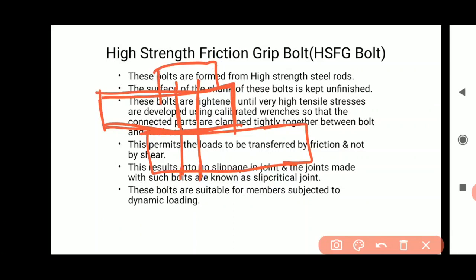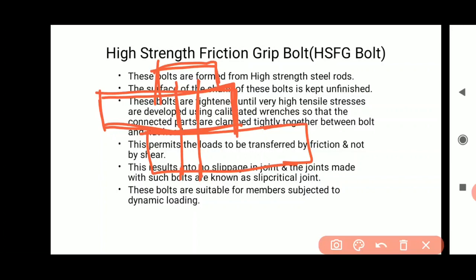Here the bolts are tightened by using some special methodology, using calibrated wrenches, and these members are stressed up to high tensile strength or up to proof stress. Here the proof stress is 0.2 times the ultimate stress.